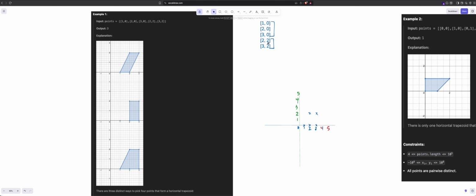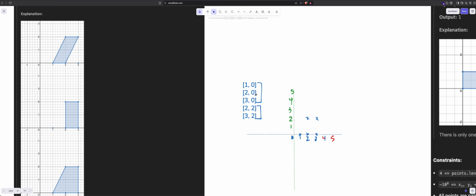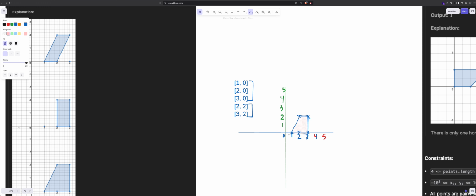By dropping the points in here, 1, 0, where 1 is x and 0 is y, is here, 2, 0 is here, 3, 0 is here, and then 2, 2 is here, and 3, 2 is here. So that is the given points.